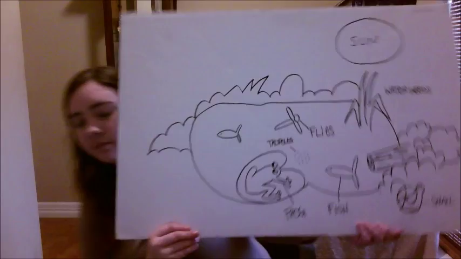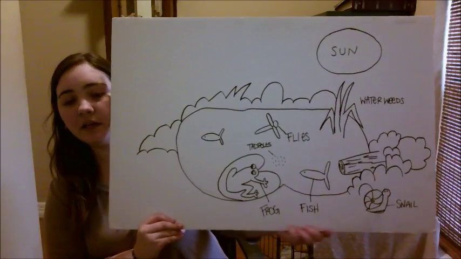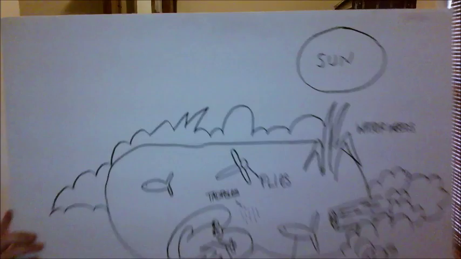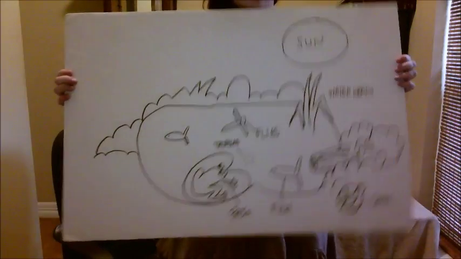Mine has biotic, abiotic. It has a variety. It has the ecosystem components, the environment components added in. Okay, so here we go. This is what you will do. This is a full poster board, and I just sketched it out real fast.